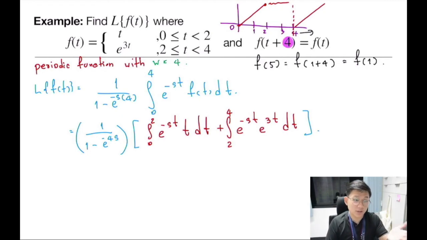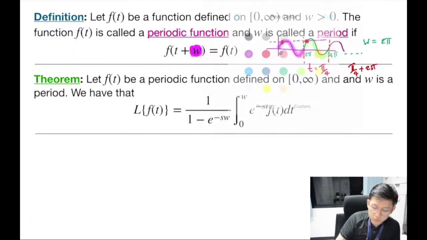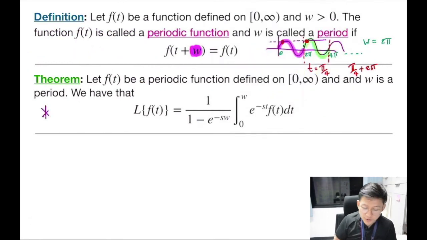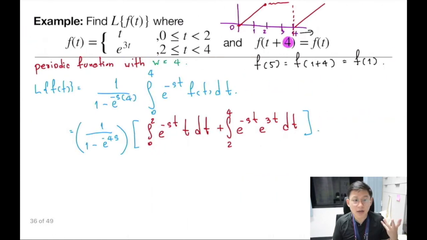And then you do the integration. I'm not going to do that, because to be honest, finding the Laplace transform using this formula is not a good idea. We're going to have an easier way of finding the Laplace transform for a periodic function, but right now we're going to be using this.